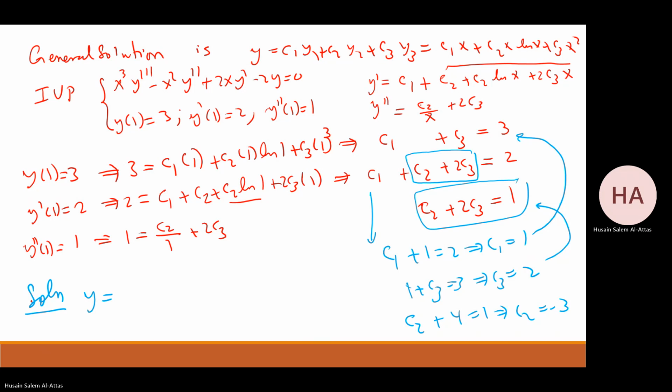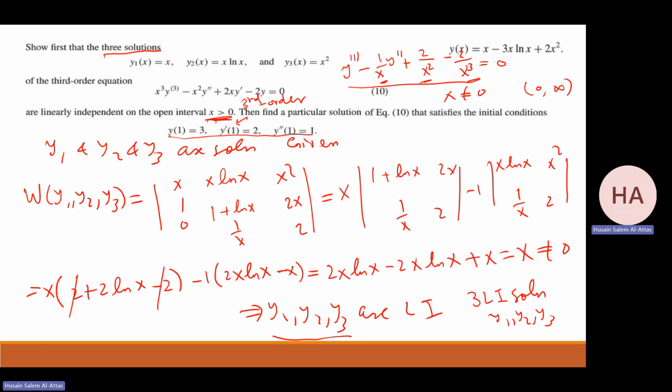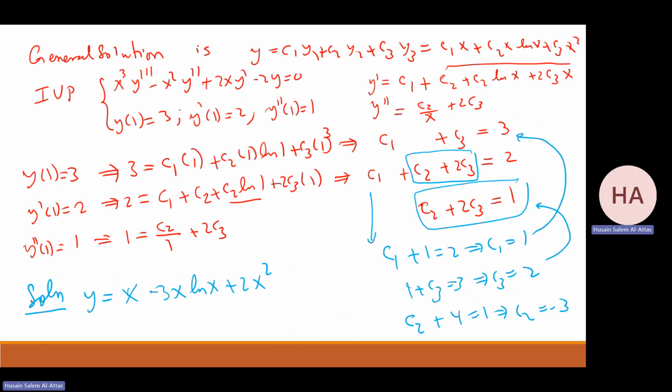Y will be C1 x, C1 is 1, so it's x, minus 3x ln x, plus 2x squared. That will be my solution.